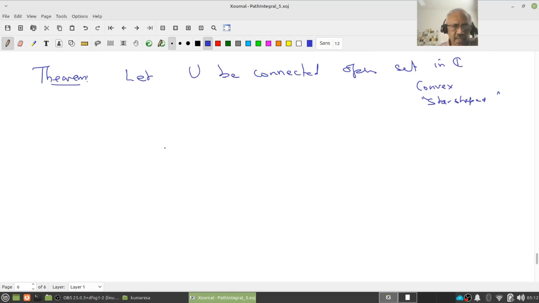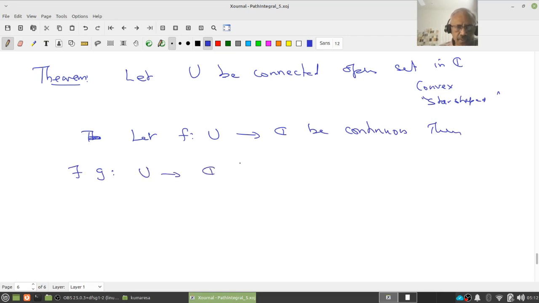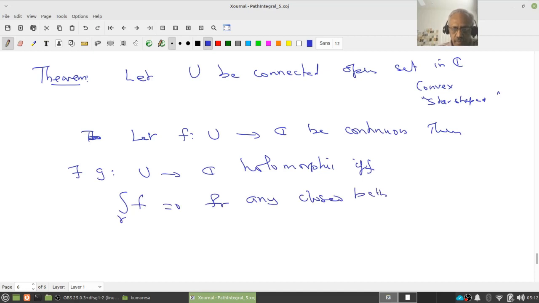And let F from U to C be continuous. Then there exists a G from U to C holomorphic, with G prime equal to F, if and only if the integral of F over gamma is 0 for any closed path gamma in U.